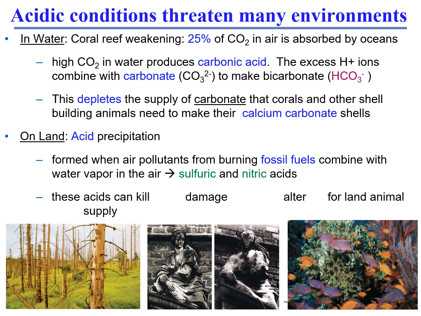These acids can kill trees and damage buildings, and alter pH for land animal supply. So we need to balance our pH, and so do other animals and living organisms, and precipitation often changes that supply.